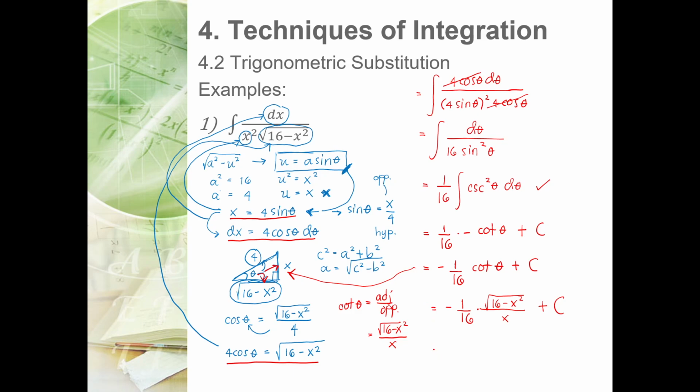So the final answer is negative square root of 16 minus x squared all over 16x plus c. So this is the final answer. Okay, do you have questions for the first example?